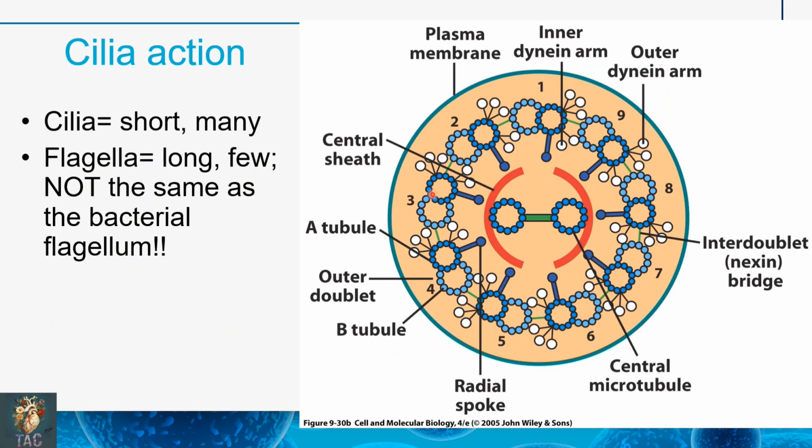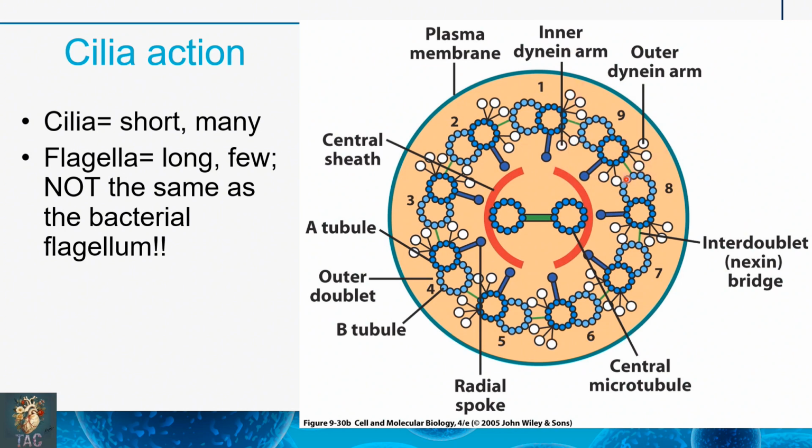In this diagram, you can see the structure of the cilia. In the center, there are 2 microtubules, and at the periphery there are 9 doublets. You can see one microtubule and the second microtubule, and to these microtubules the dynein arms are attached, which help to stabilize them.